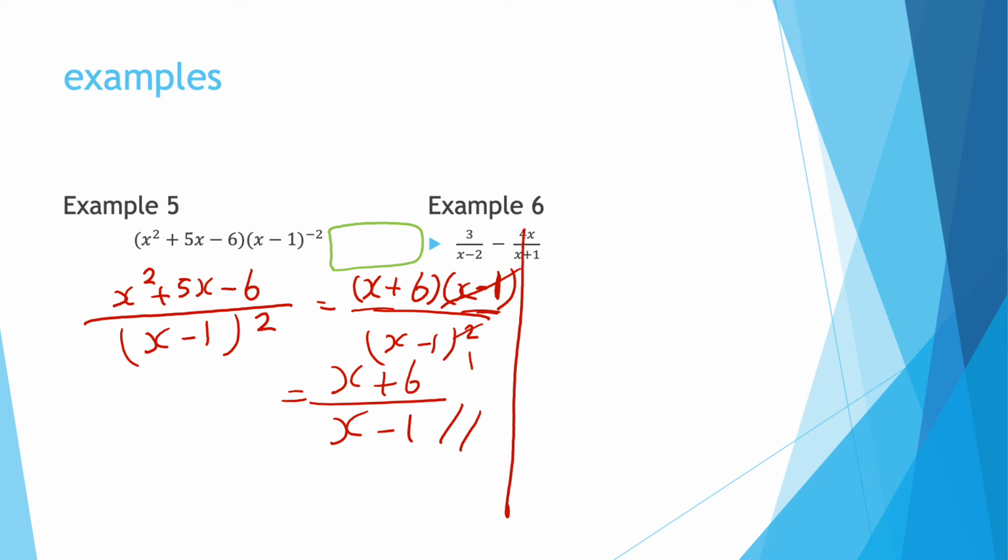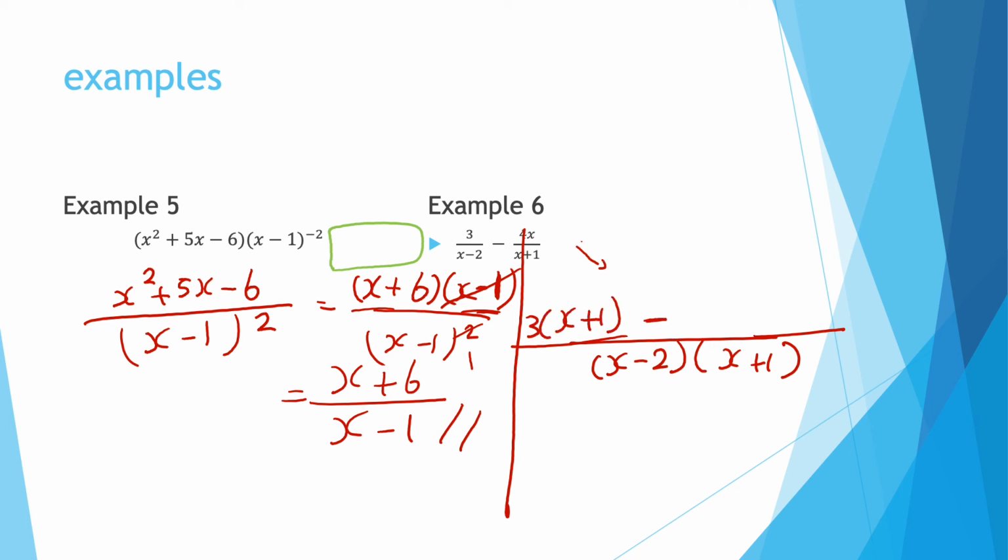Now for this one here, again minus, so we will have to look for the common denominator. The common denominator is multiplying the two denominators first, then we will do the cross multiply. You notice that I actually write it out, then I expand it afterwards, because you shouldn't go for the shortcuts yet until you are quite comfortable.